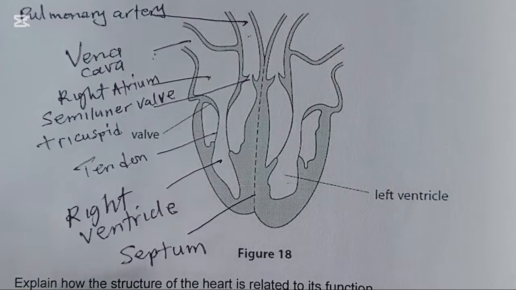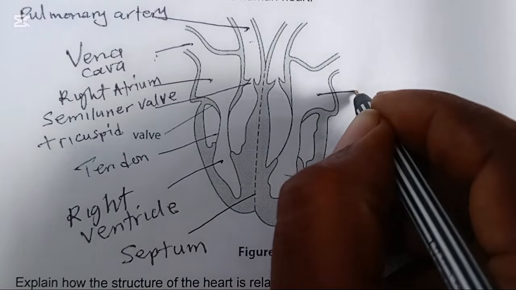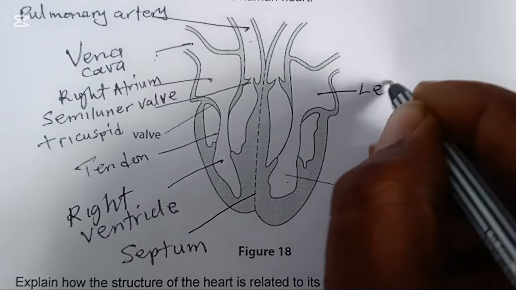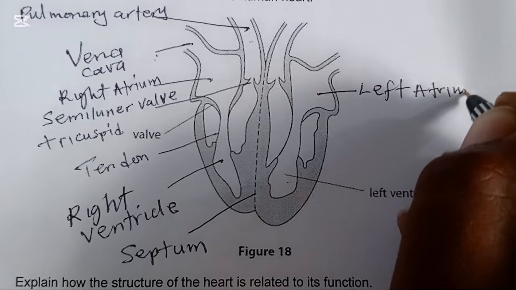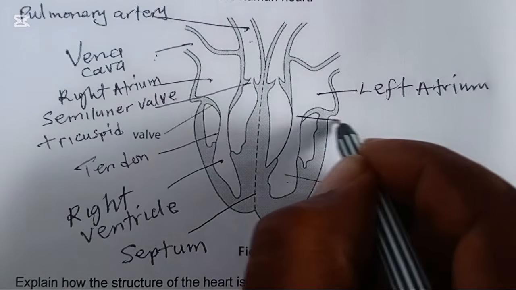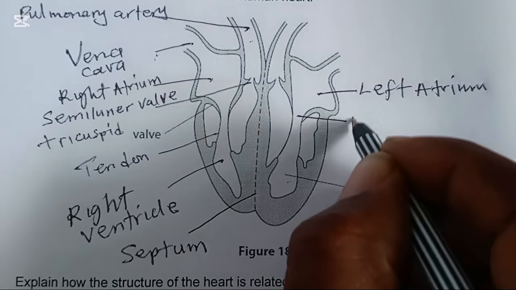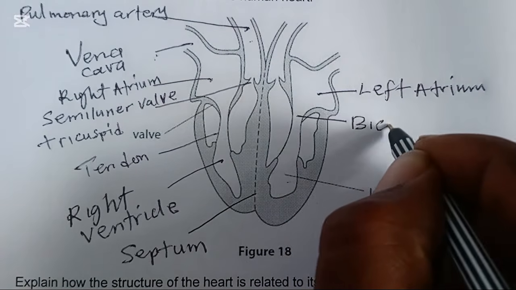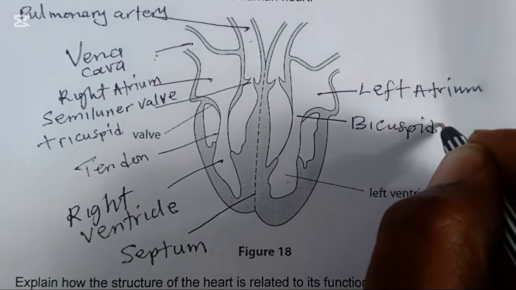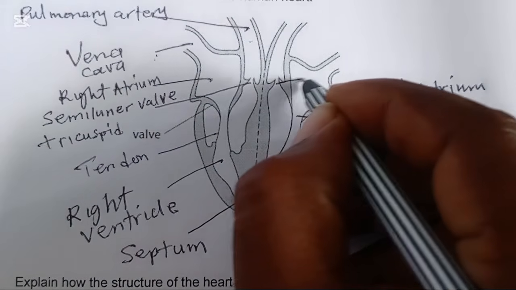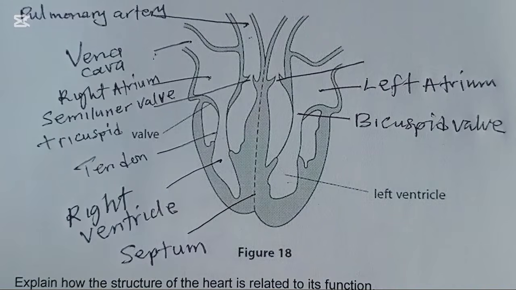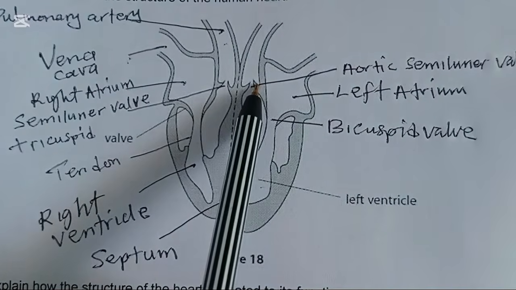This is the left ventricle, and this is the left atrium, and this is the bicuspid valve. And this is the aortic semilunar valve.